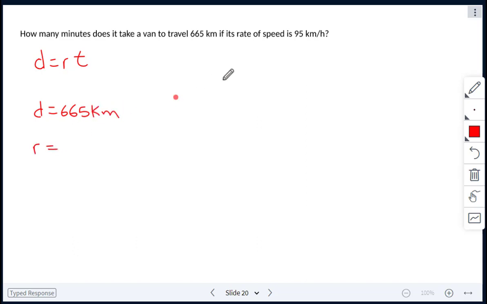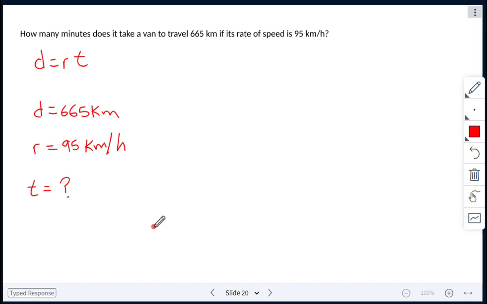The rate we are given is 95 kilometers per hour. We do have to solve for time. That is what we are solving for. But once we get our answer in hours, we'll just convert it into minutes.